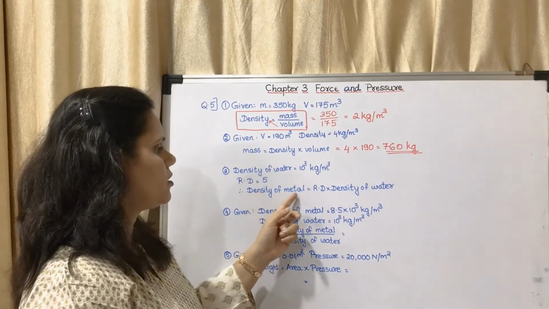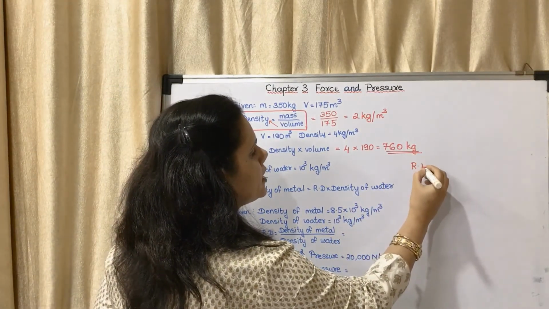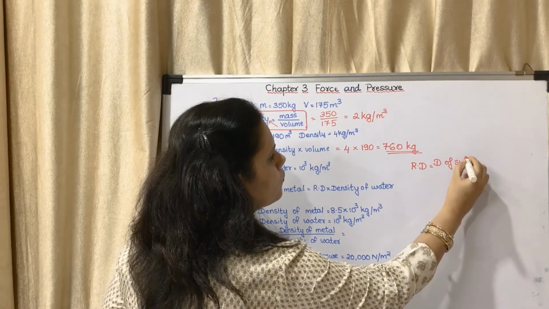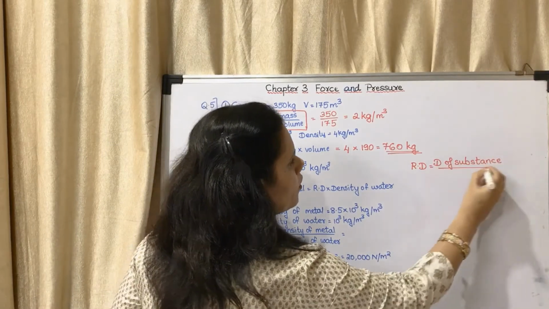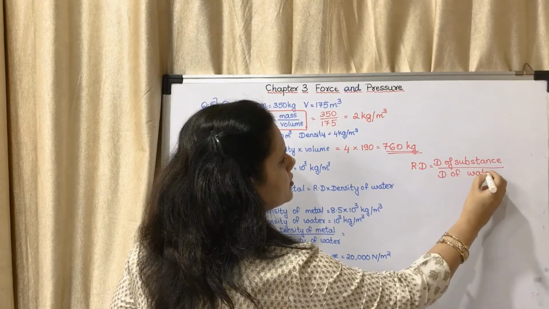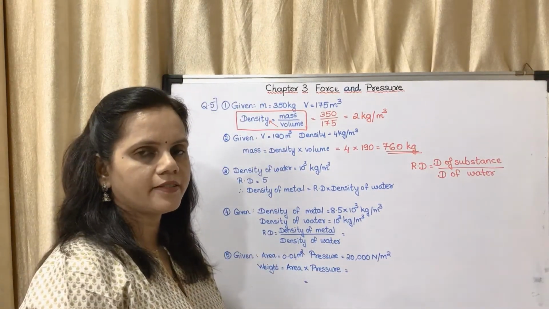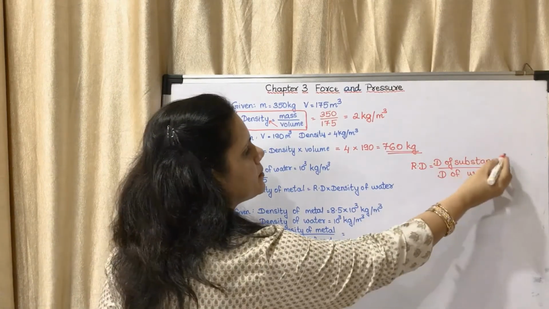You have to find out the density of metal. We know the equation, relative density is equal to density of substance upon density of water. So what will be density of substance?